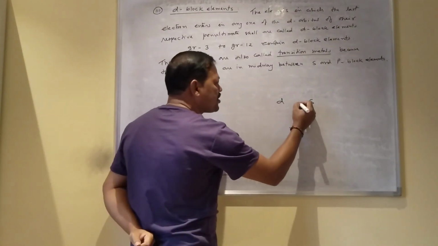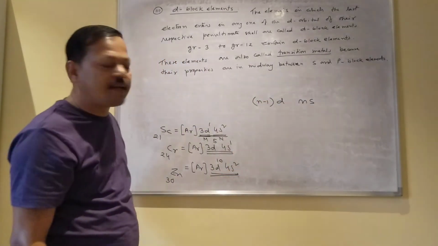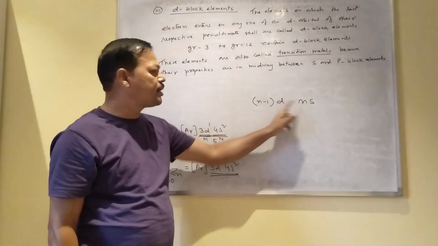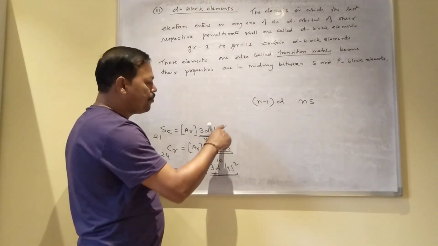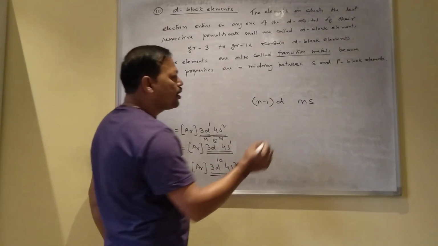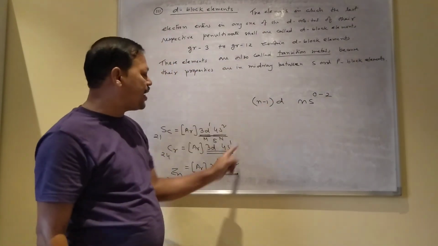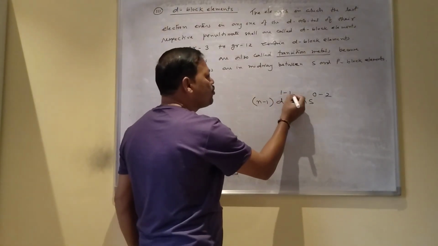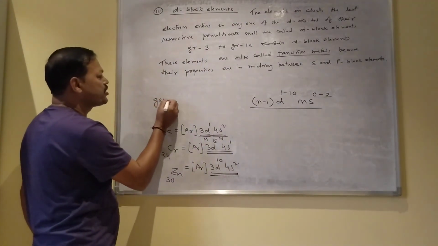If the valence cell is ns, then the penultimate cell is n-1, because if it is 4s it will be 3d, if it is 5s it will be 4d. Your s may contain 2 electrons, maybe 1, and in some cases 0, which is why you write 0 to 2. One element, palladium, has s0. And d may contain 1 to 10 electrons.